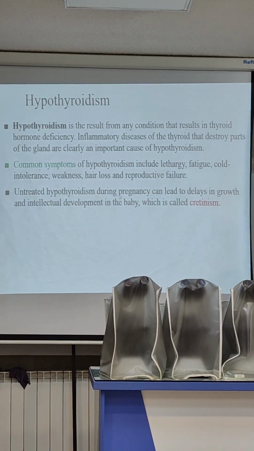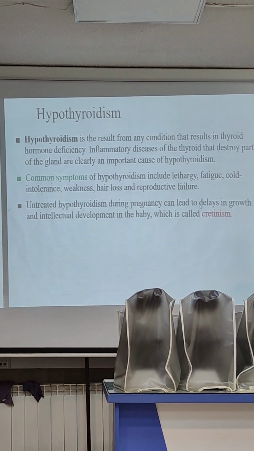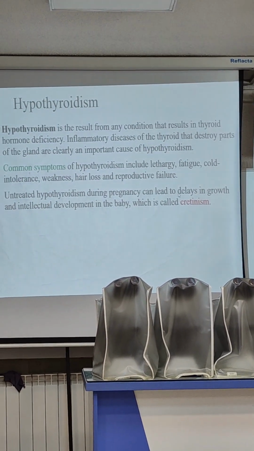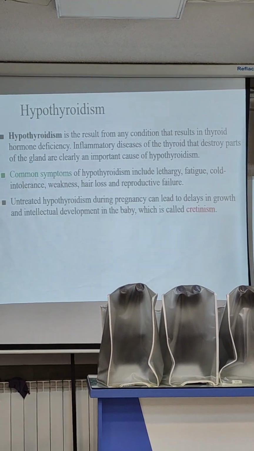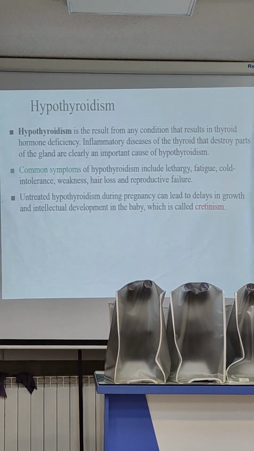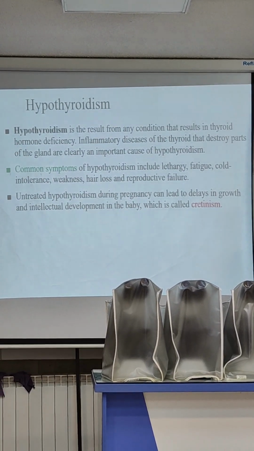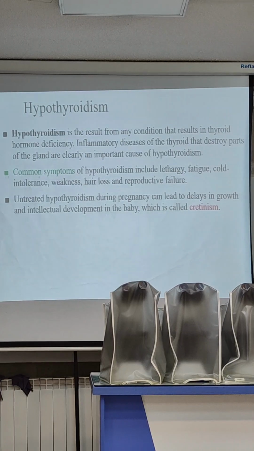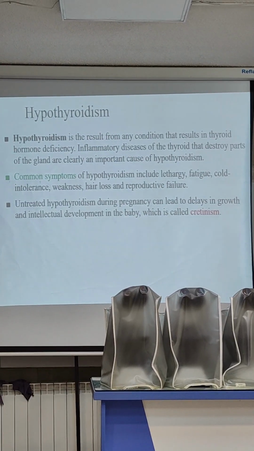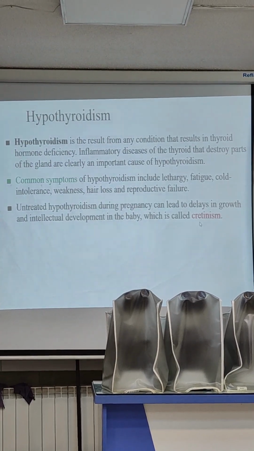Especially if it happens during pregnancy, it can lead to a delay in the growth of the fetus. As I mentioned, thyroid hormones are especially important for growth and development. So when you have a lack of thyroid hormone, especially during pregnancy, your fetus cannot grow appropriately, and this situation is known as cretinism.